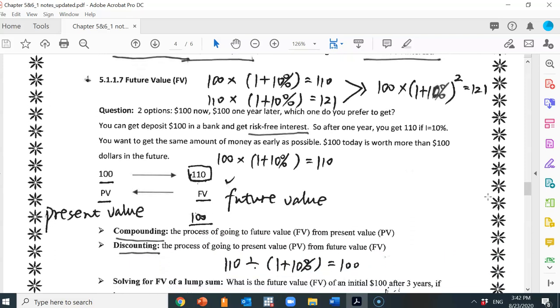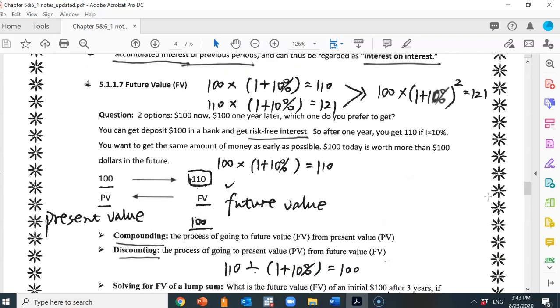Okay, now let's look at the concept of future value and present value, and let's use compound interest rate to compute future value or present value of a lump sum. Okay, question. If you have two options, to earn $100 now or $100 1 year later, which one do you prefer to get?